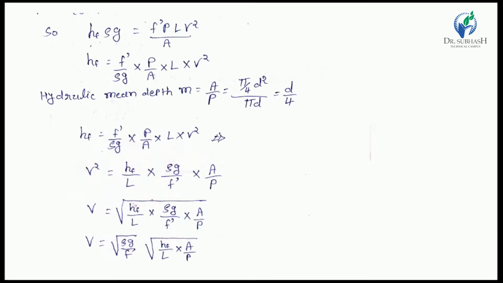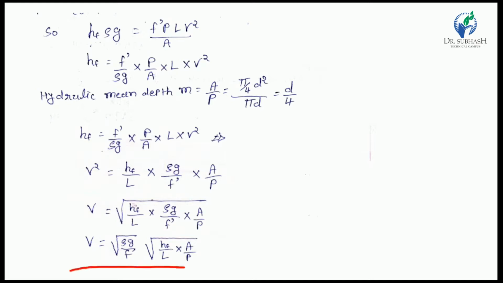So velocity square is equal to hf upon L, rho g upon F', and A upon P. Now the square is removed from both sides, so all the elements on the right side are under the root.